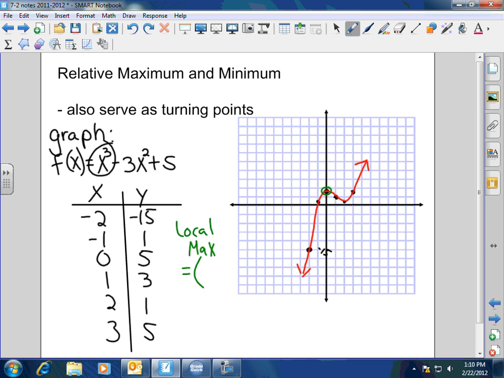So it'd be 0, 5 is the actual local max. The value of the local max would be 5. What's my local min? It's 2, 1. Right here. The local min is 2, 1.